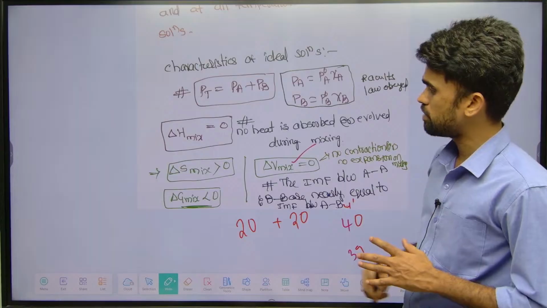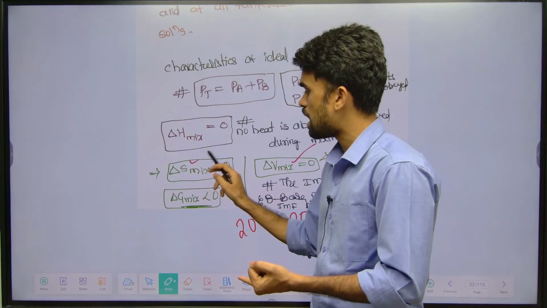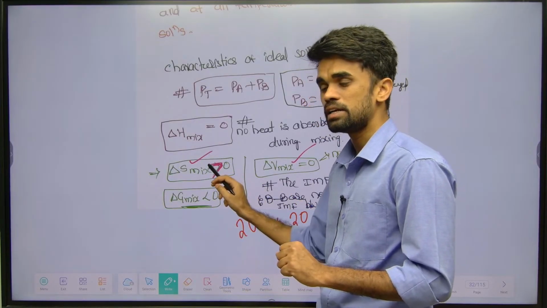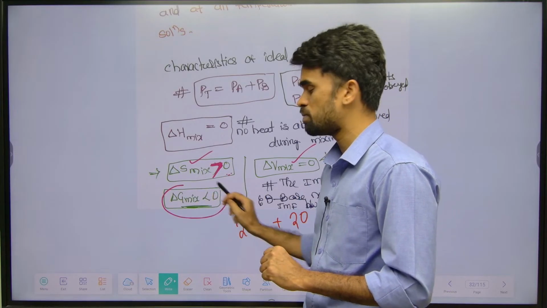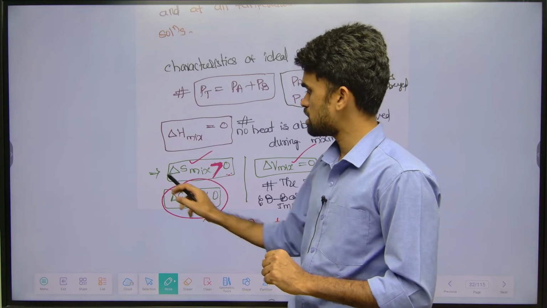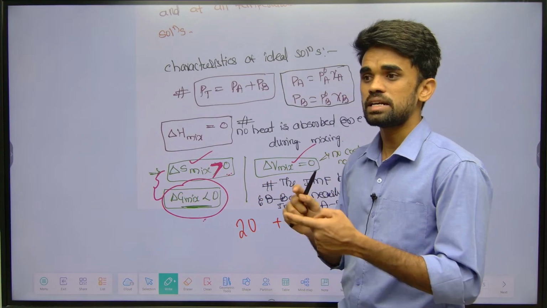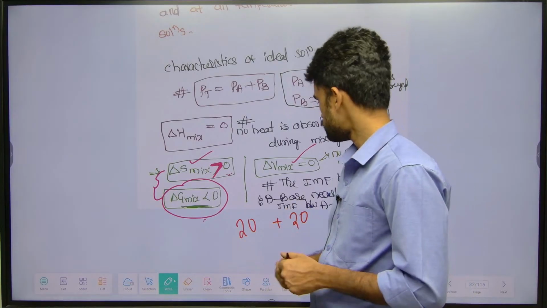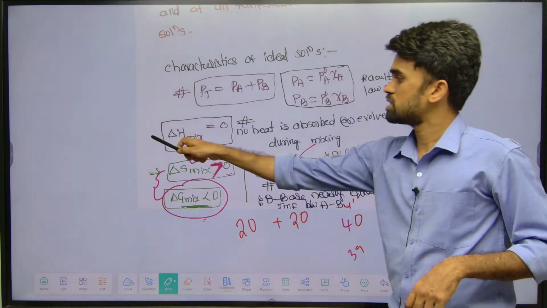Then the next one, which can be for ideal or non-ideal: delta S mix is always greater than 0 and delta G mix should be less than 0, because these are spontaneous processes. For a spontaneous process, delta G should be negative and delta S should be positive. Okay, write these conditions.